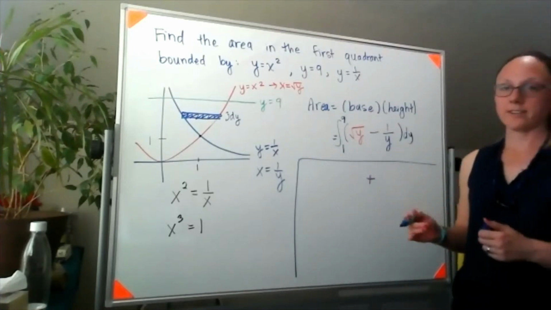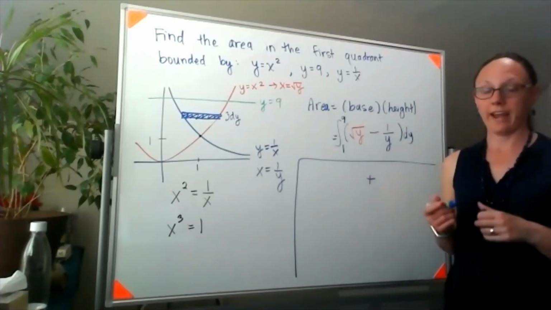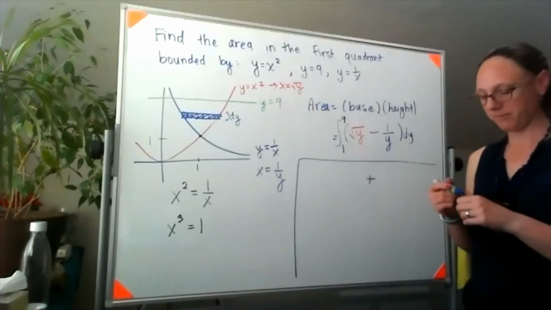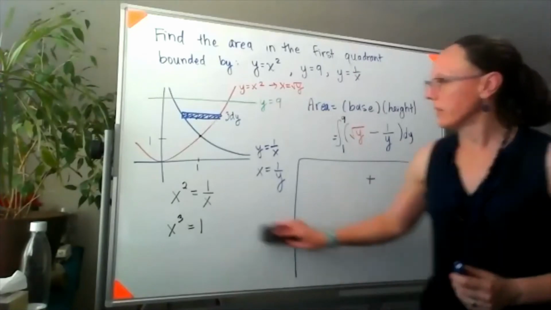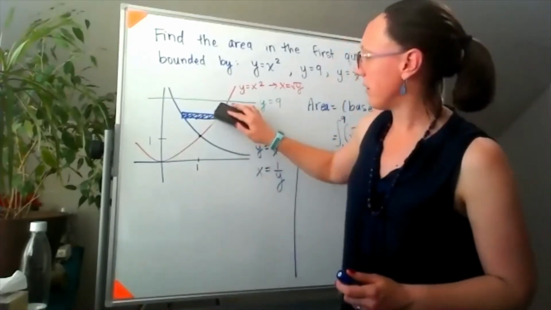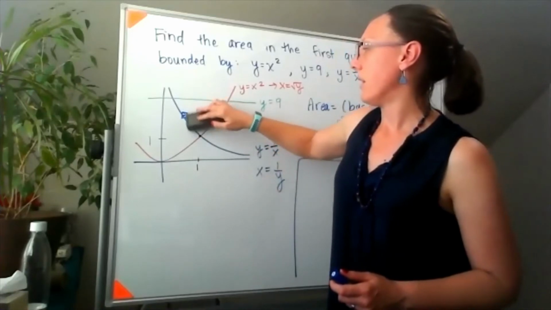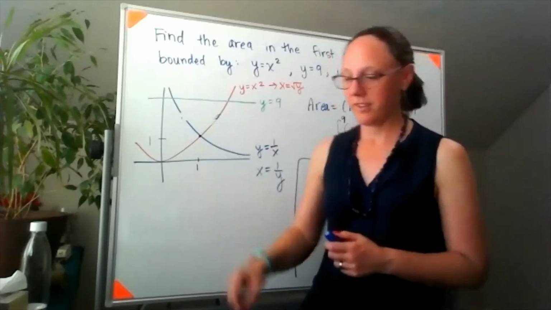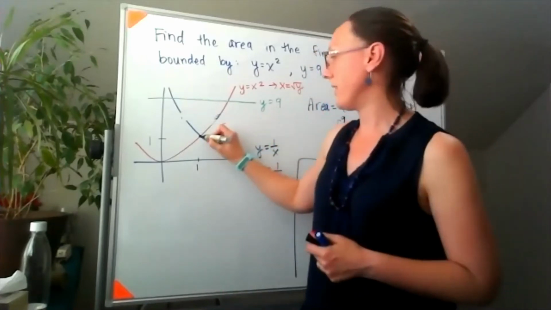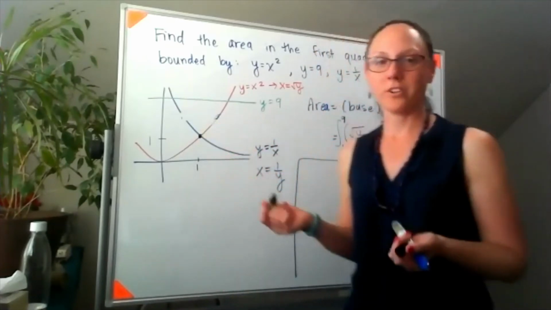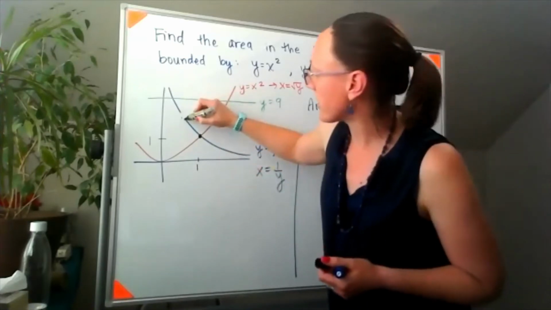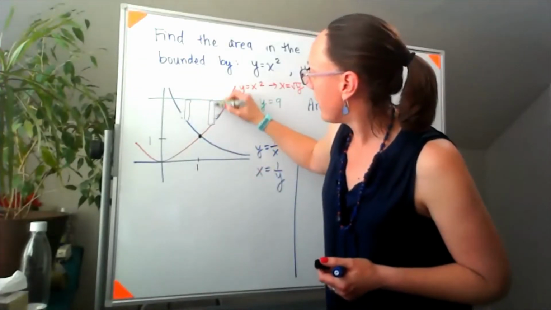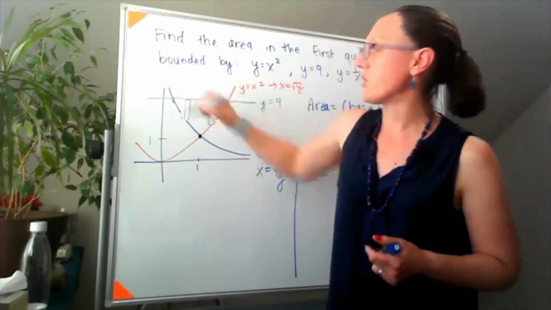To do vertical cross sections, I already know that we're going to have to break this into two pieces. Although we found this intersection point between these two curves, in order to do vertical cross sections, I also need to know what these two bounds are.